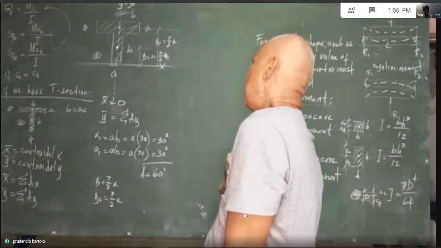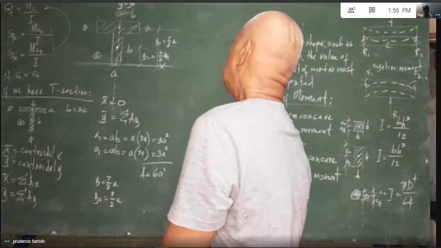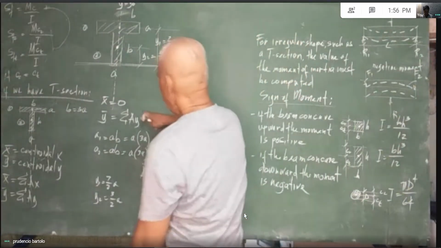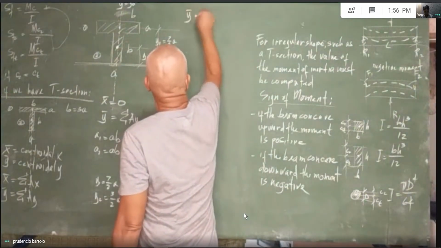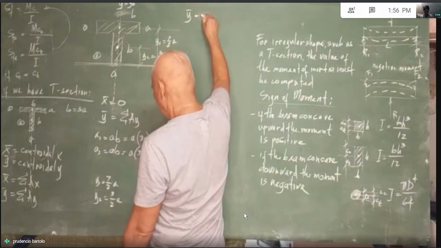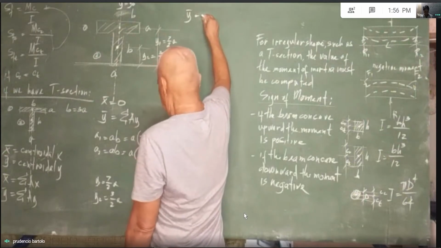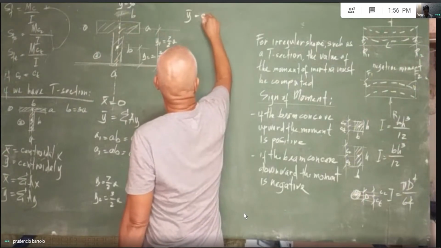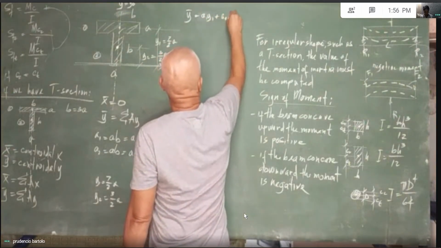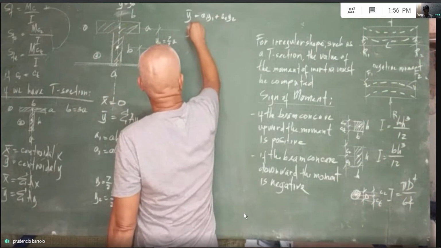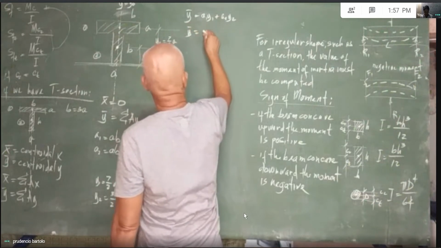Our Y bar is equal to the summation of Ay. Y bar now is equal to A1 Y1 plus A2 Y2.